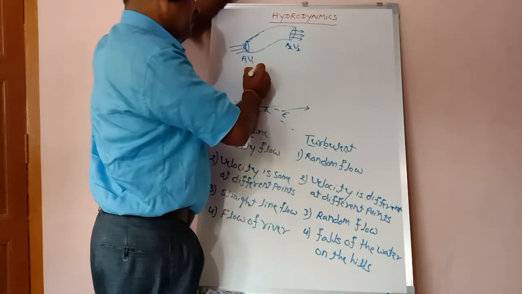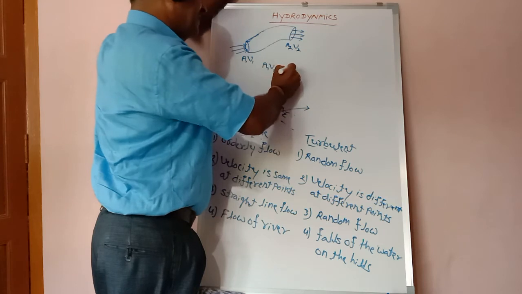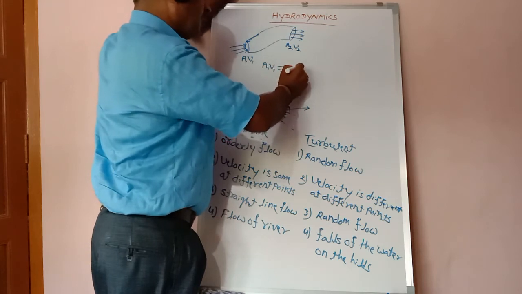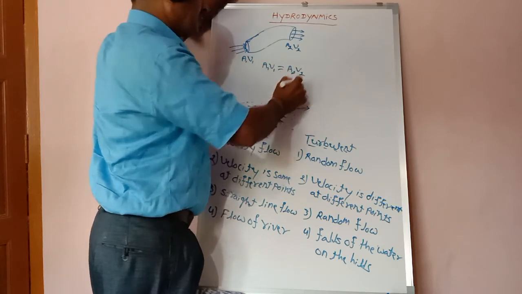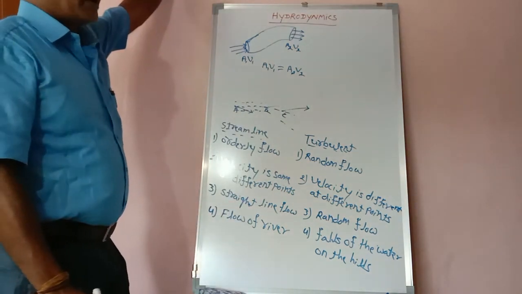So this is always A1 V1 equal to A2 V2. This is the equation of continuity.